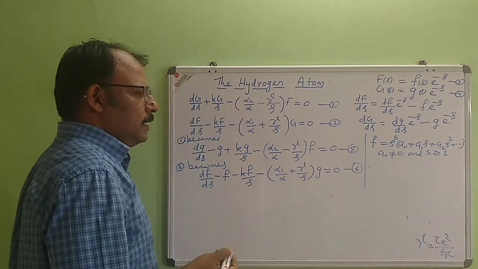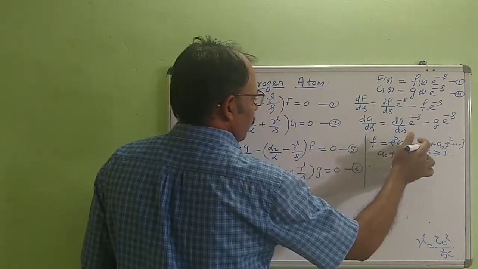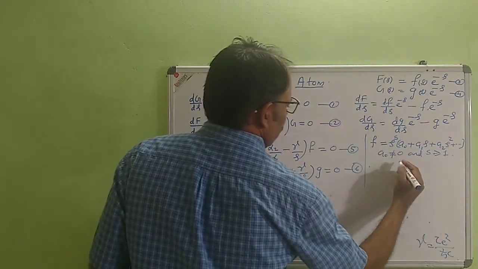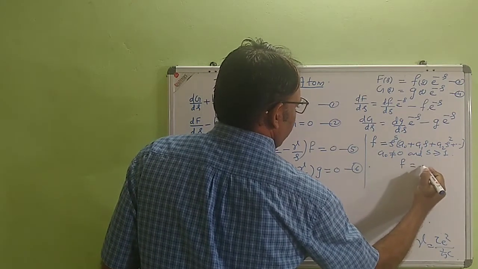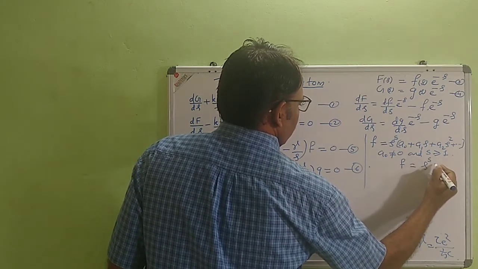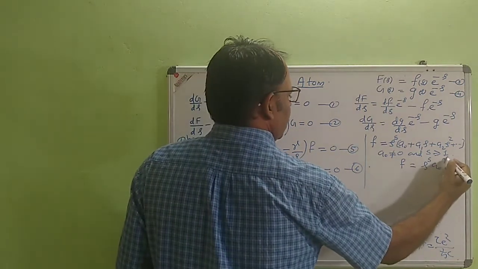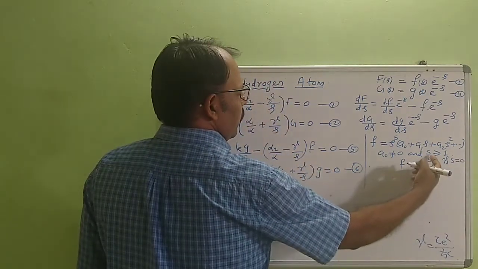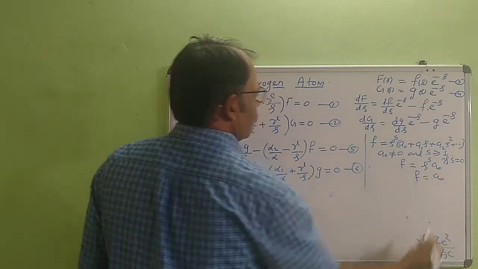Why are we taking s greater than or equal to 1? Let us assume a solution where a1, a2, etc. are all 0, and we have only the first term a0. So the solution will be f equal to rho raised to s a0. If s is equal to 0, then rho raised to 0 into a0, so we will have f equal to a0.